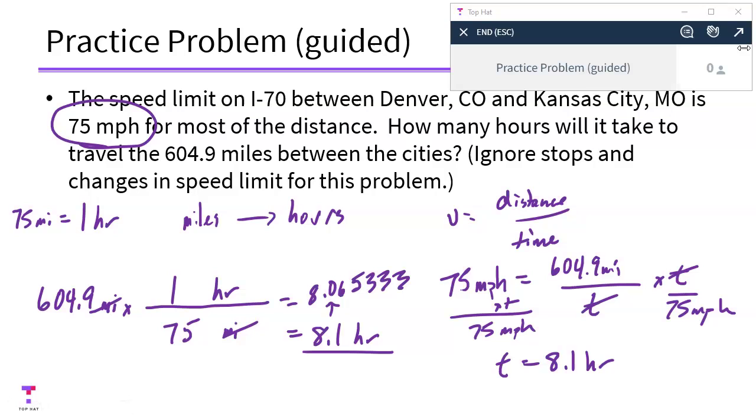Whereas if you just take this and go, okay, well, I need to divide each side by 604.9 to get the t by itself, you're going to end up with a very small number that doesn't make sense, and you're not going to necessarily know why it doesn't make sense. You're just going to know that there's no way that can possibly be right. Because what? Let's see, we're talking about about 0.12 hours.